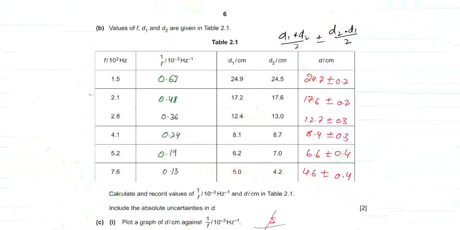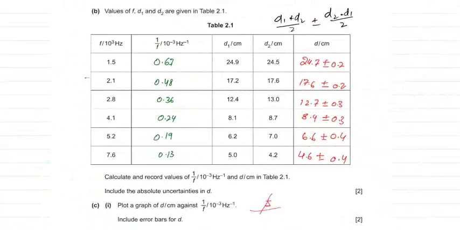Remember it is in centimeters. So 24.7 with one decimal place, right? Because we don't have provision to go beyond that. So we will be having these values, right?